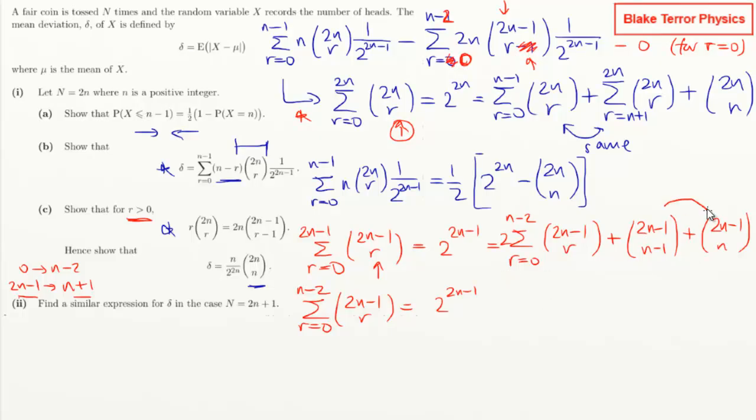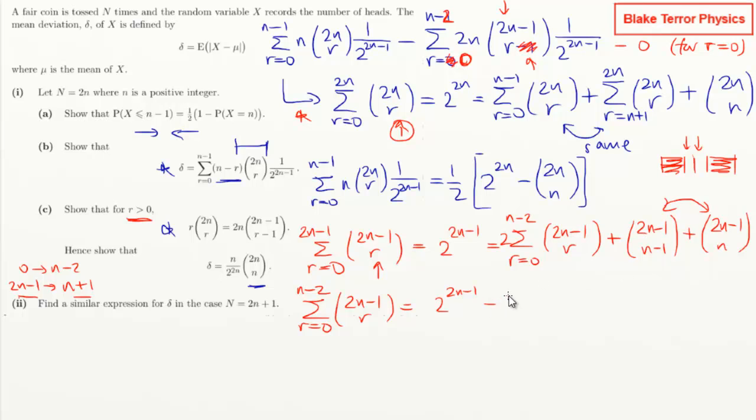But these are going to be the same as each other as well, aren't they? Because I'm splitting everything 50-50 here. We don't have a middle number on this one because we've got 2n minus 1. So going from 0 to n minus 2 gives me this great big block in the sum, which is the same as the block on the other side of the distribution. And then I've left two values in the middle, which must be the same as each other.